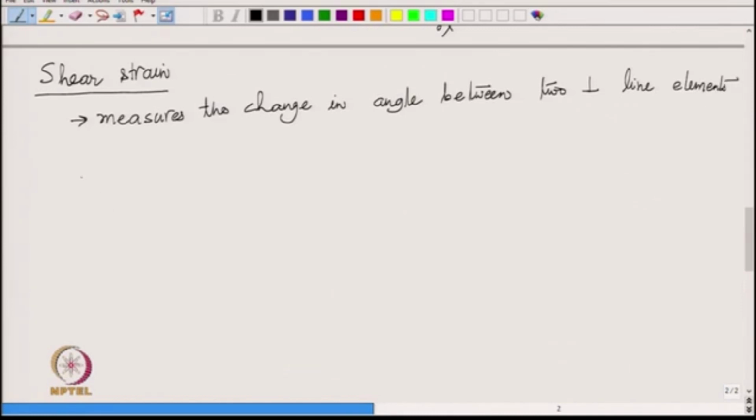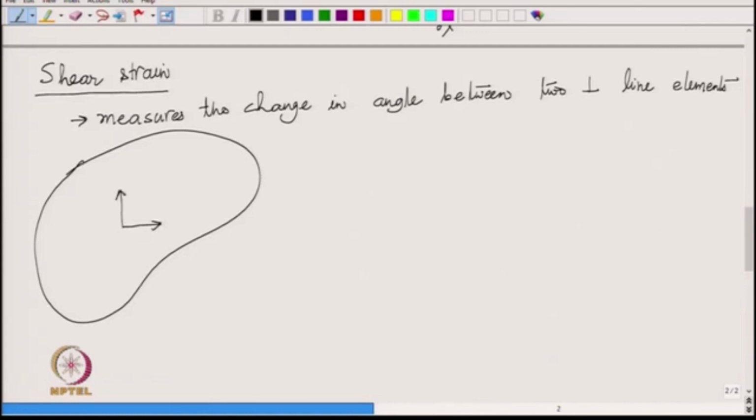So, supposing this is the body and you have two line elements in the body. Initially it is perpendicular, and after deformation, suppose that the line elements become like this. So, that is the final angle between the two.